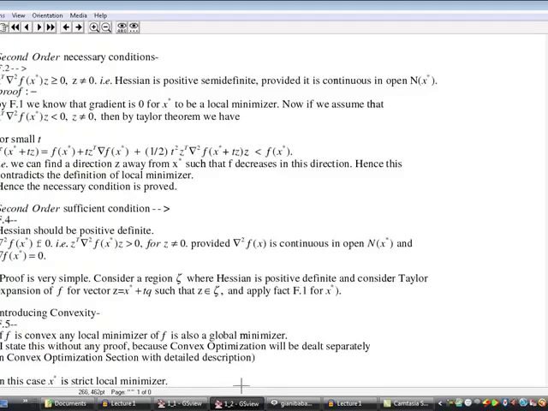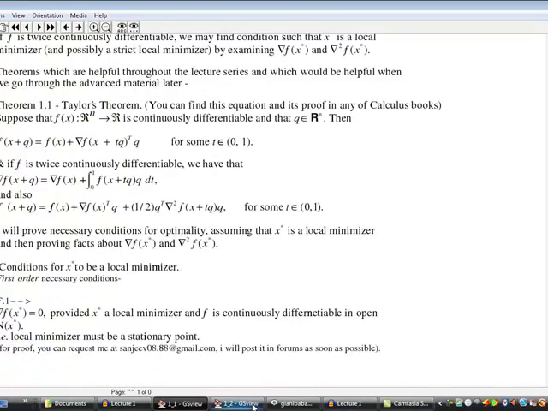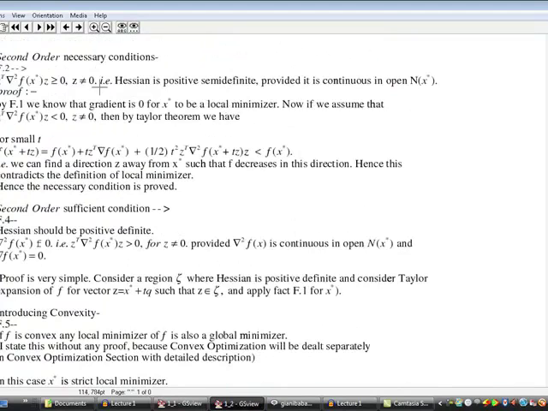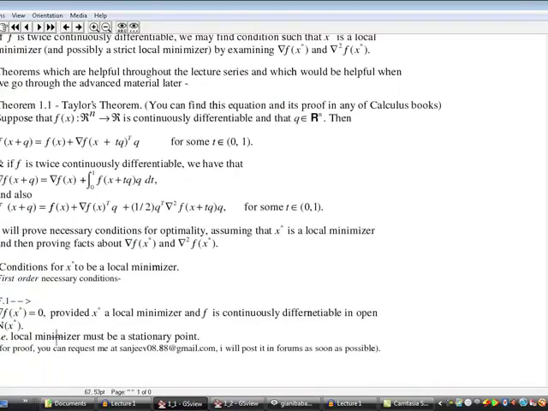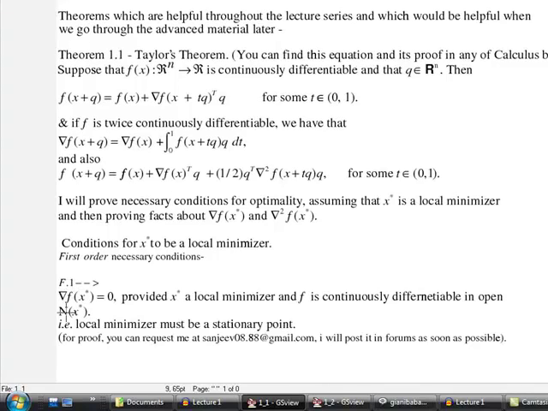So here is my second slide. Here is our first order necessary condition: the gradient should vanish at our local minimizer. That is, del f of x star equals 0, provided x star is a local minimizer and f is continuously differentiable in an open neighborhood of x star.